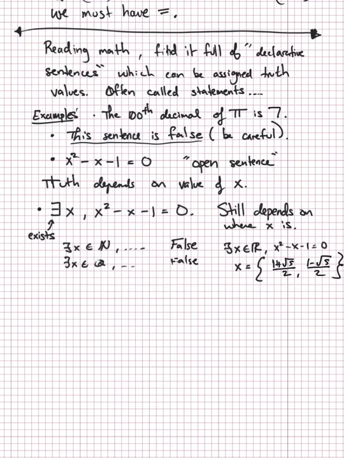Okay? So now again, you should think of these sentences or statements as building blocks. And just as with sets, once we had these building blocks, we wanted to do things with them. Similarly, for statements, we want to put statements together to make new statements. Right? So given a statement, what can we do?